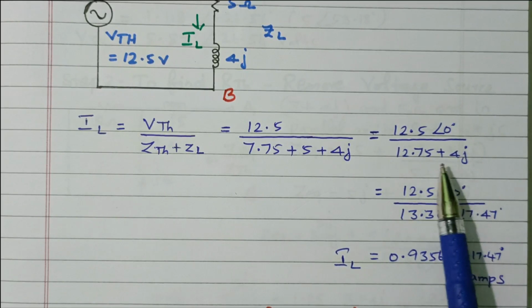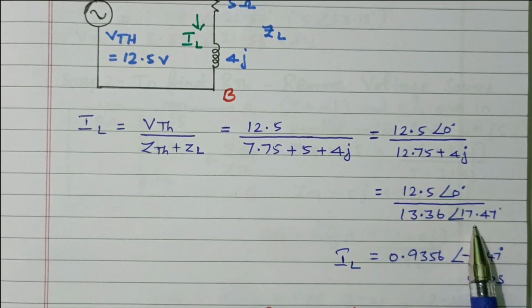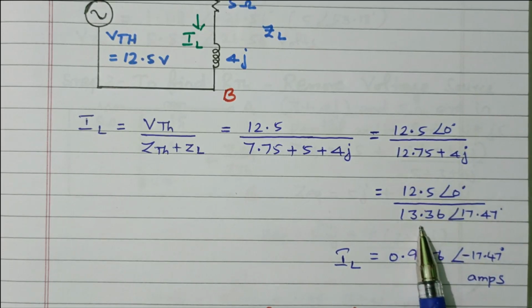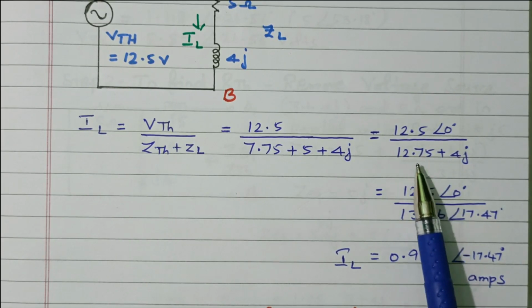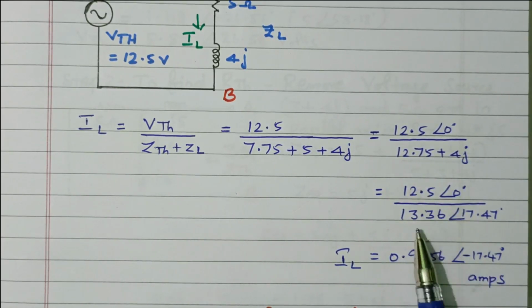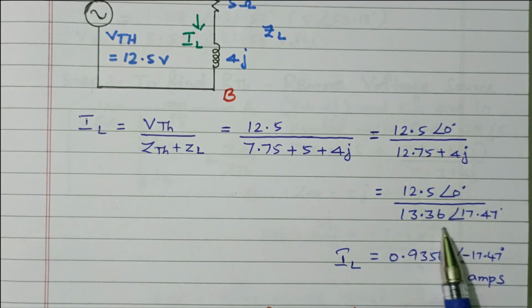Tan inverse 4 divided by 12.75 will give the angle. Right? Angle is calculated tan inverse 4 by 12.75. Magnitude is calculated square root of 12.75 squared plus 4 squared. Right? So here it is given directly. Using calculator also we can find. Otherwise using formula also we can find.